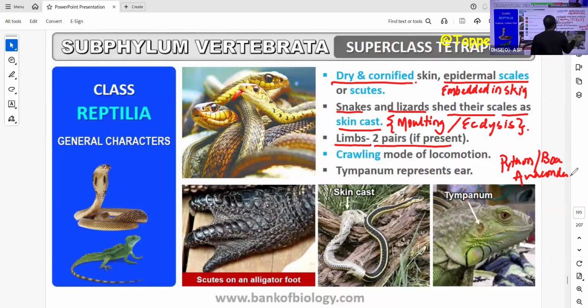Towards the terminal sections, they have a pair of... suppose you have a snake, towards the tail section, say this is the tail section, there is a pair of limbs present, which are rudimentary because they are of no use.